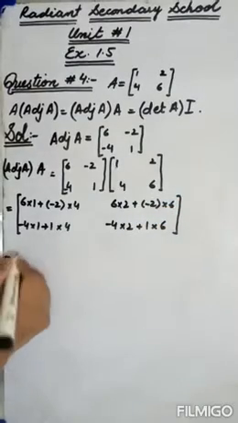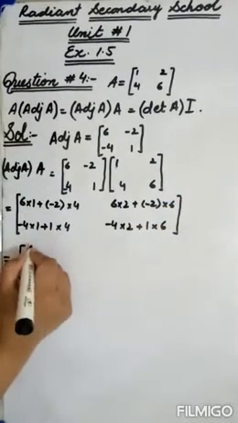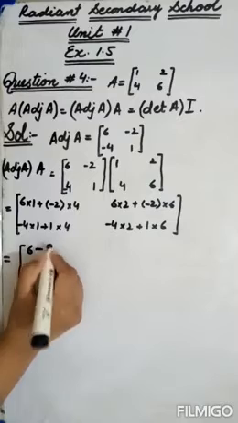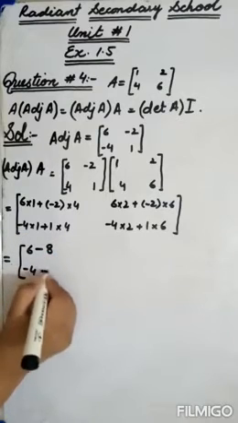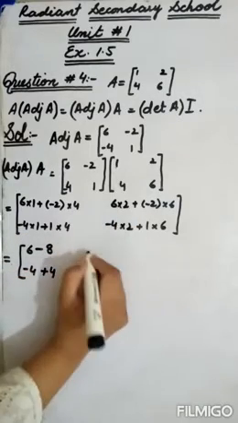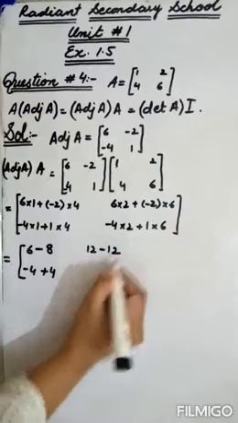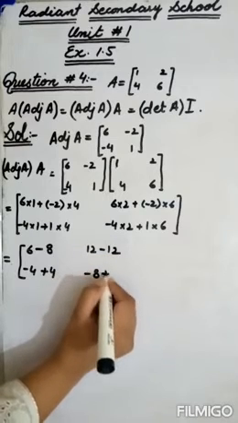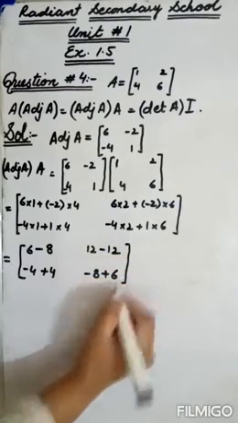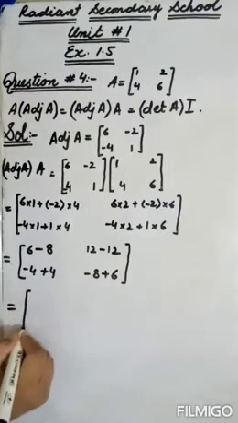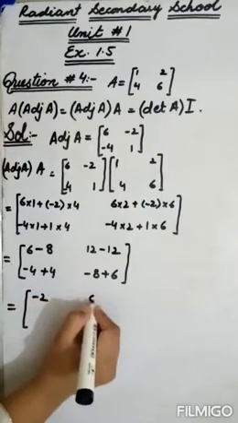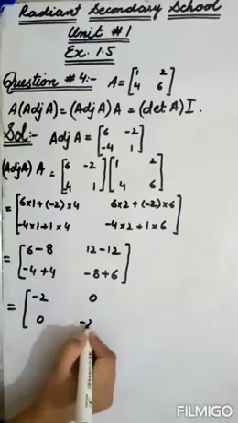Okay, now we will solve. 6 into 1 is 6 plus -8. It will be -4 plus 4. It will be 12 minus 12, and it will be -8 plus 6. And now look, what is the answer? -2, 0, 0, -2.